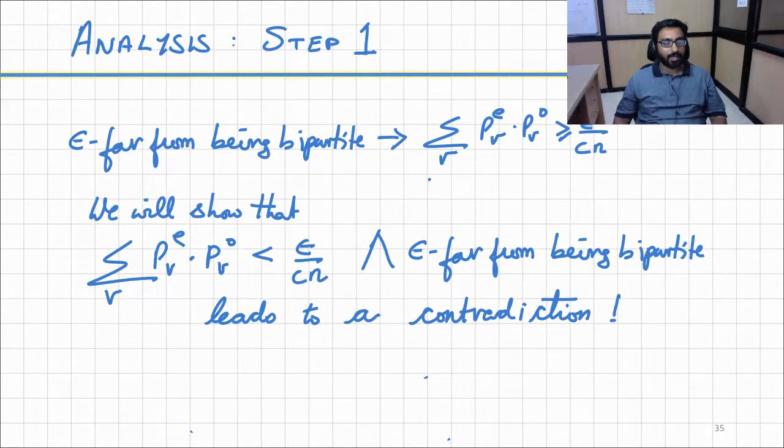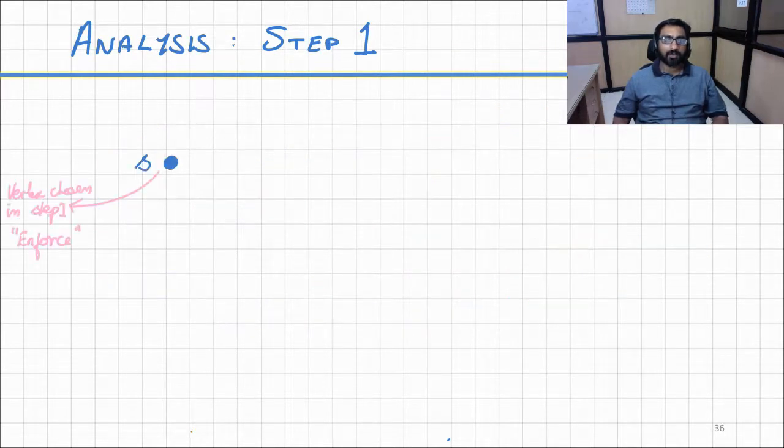Okay, so let's move on. The thing to keep in mind is that we are assuming this summation is small, that is less than epsilon over Cn, and the graph is epsilon far from being bipartite. So with that, let's start with the analysis.